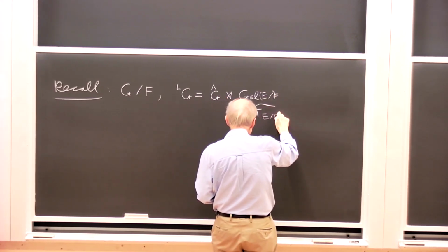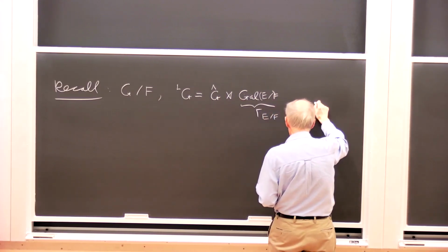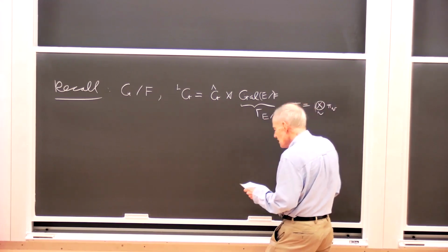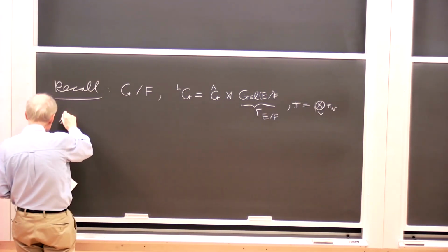Sometimes one writes gamma E over F. We've got an automorphic representation pi. Got the Adels.